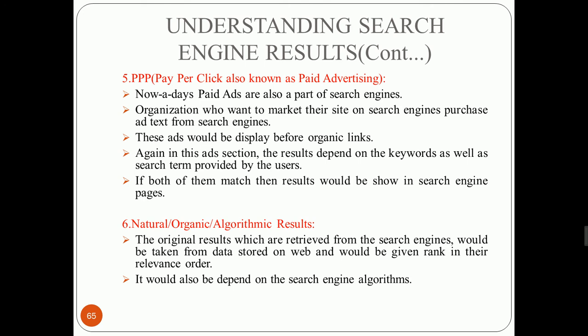So natural, organic, algorithmic results, the original results which are retrieved from the search engine, would be taken from data stored on the web and would be given rank in their relevant order.